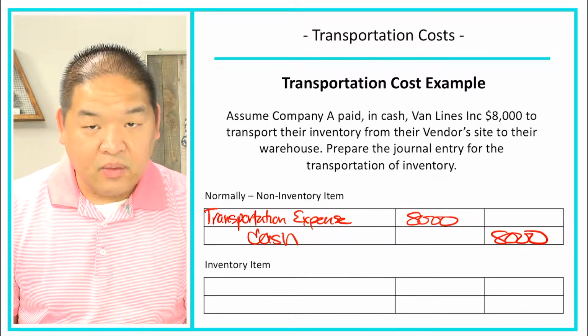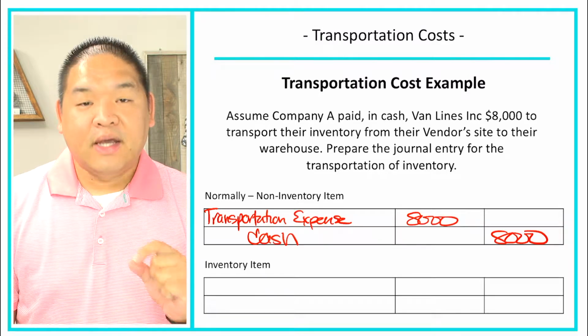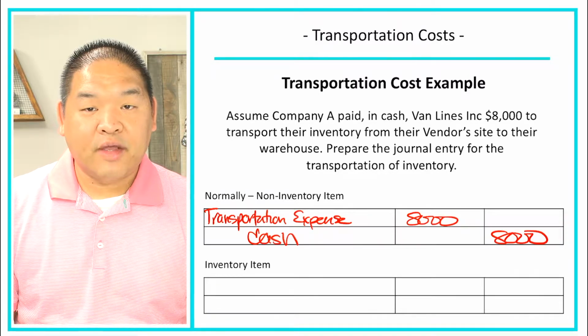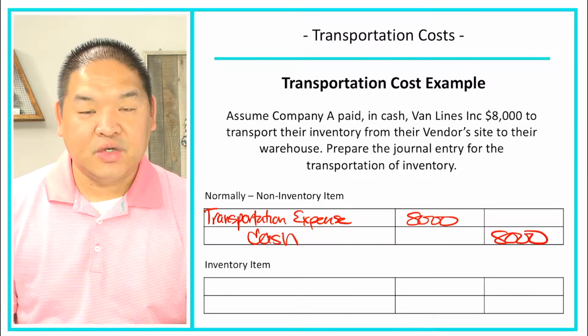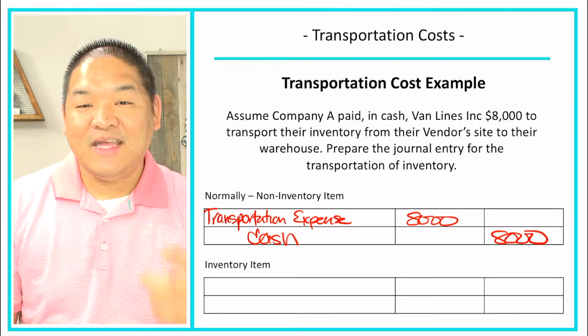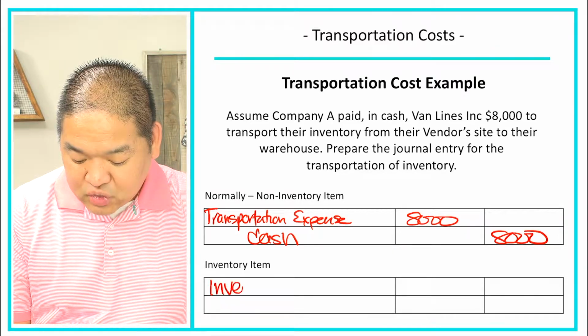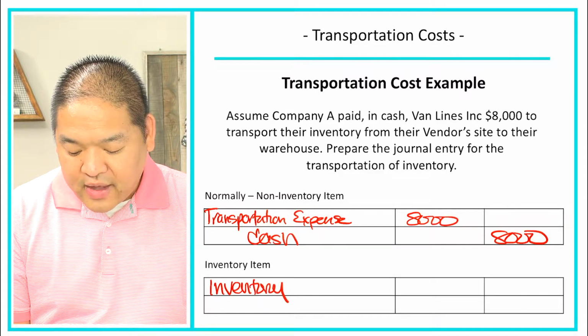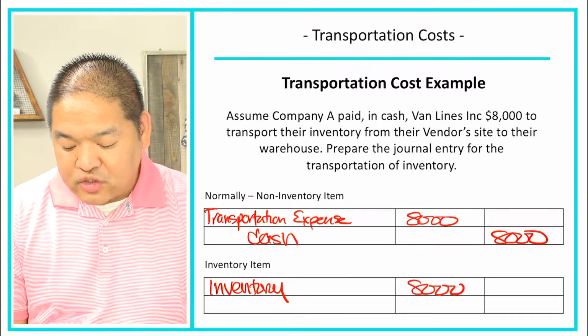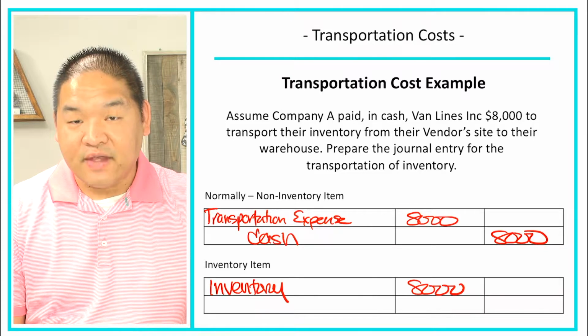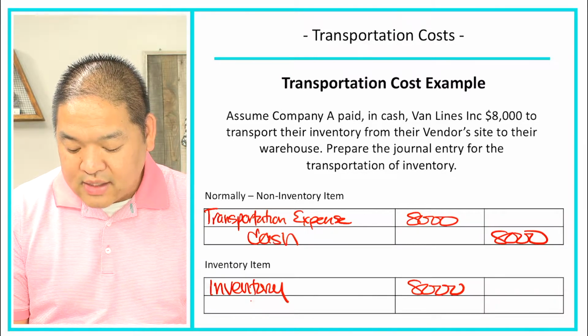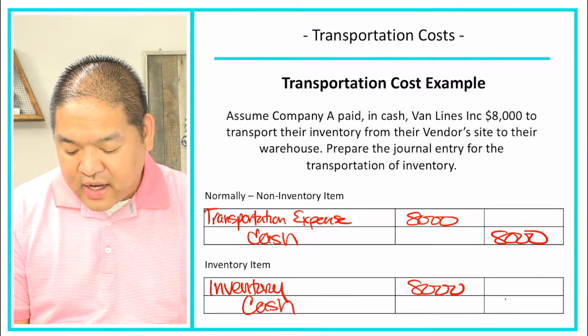So that's not what we're going to do. Because we incurred the $8,000 to transport our inventory, instead of this entry, we are going to debit inventory and credit cash. So we're going to debit inventory because we want to book that $8,000 to inventory because it was because of inventory, and we'll credit cash for $8,000.